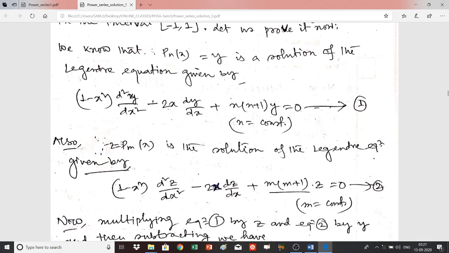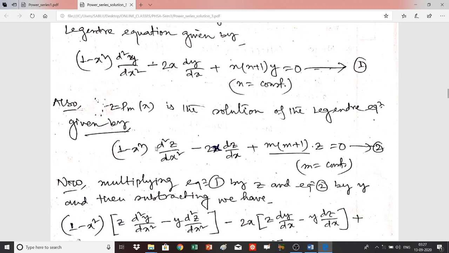That is another differential equation, in which z is a function of x, written as (1 minus x squared) d2z/dx squared minus 2x dz/dx plus m(m plus 1) z equals 0, where m is a constant. This Legendre equation has the solution z equals the polynomial Pm(x).